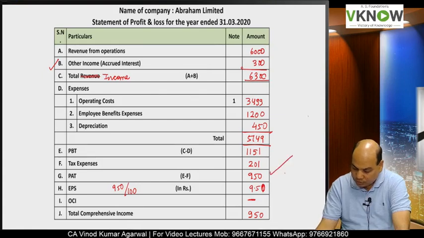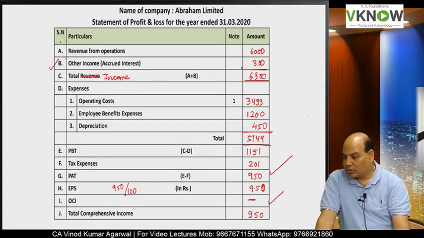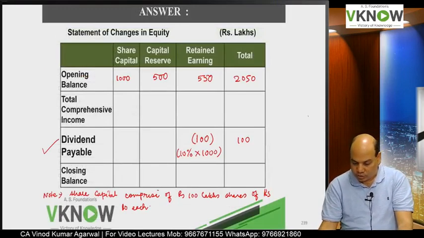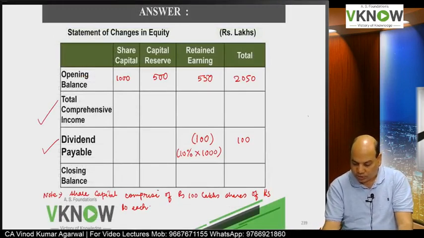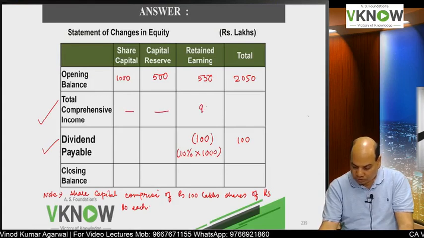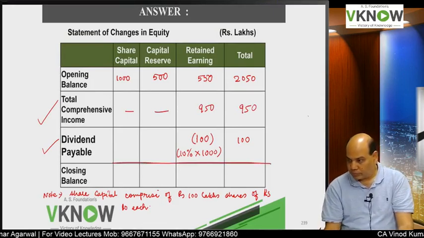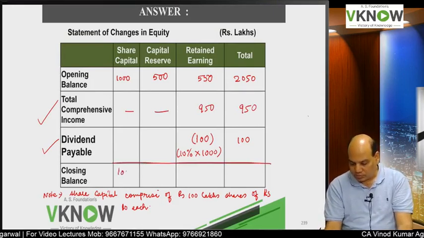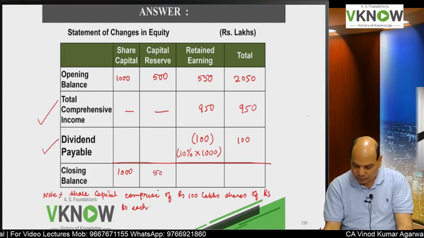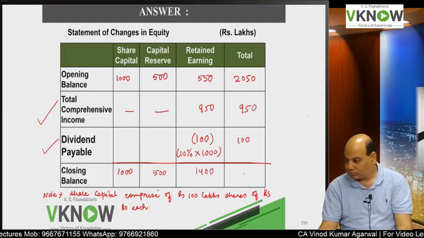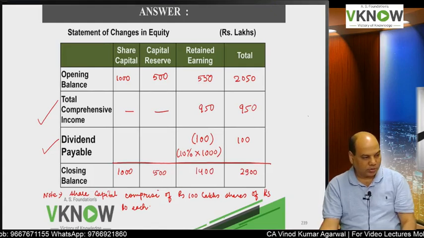Total comprehensive income, PAT plus OCI, this is 950. So where will you put this 950? SOCI second line, total comprehensive income 950. Take vertical total: share capital, capital reserve, retained earning, total 2900.